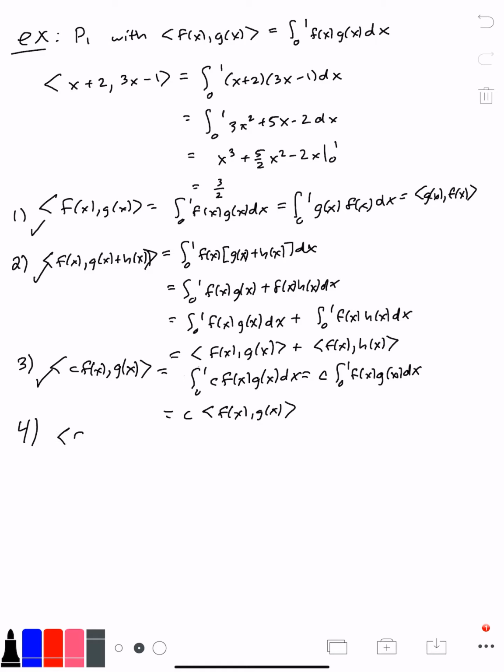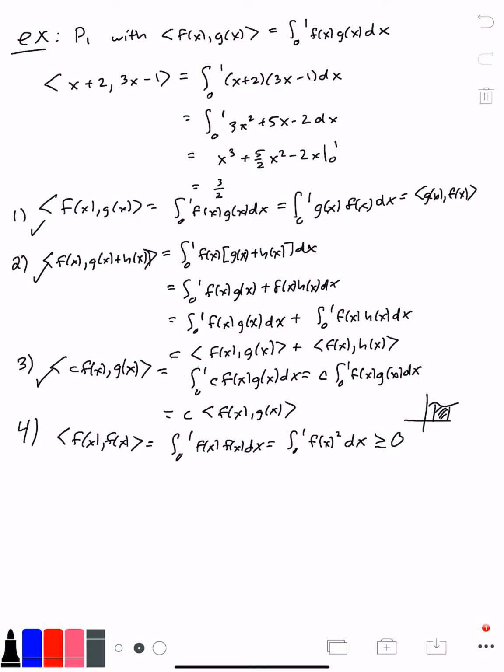This one can be the trickiest. It's when you inner product something with itself, you need to make sure that this is always going to be non-negative. So notice here f of x times f of x is f of x squared. And then there was a property that you may have forgotten from calculus class that said if the thing you're integrating is always above the x-axis, then the integral is guaranteed to be greater than or equal to 0.